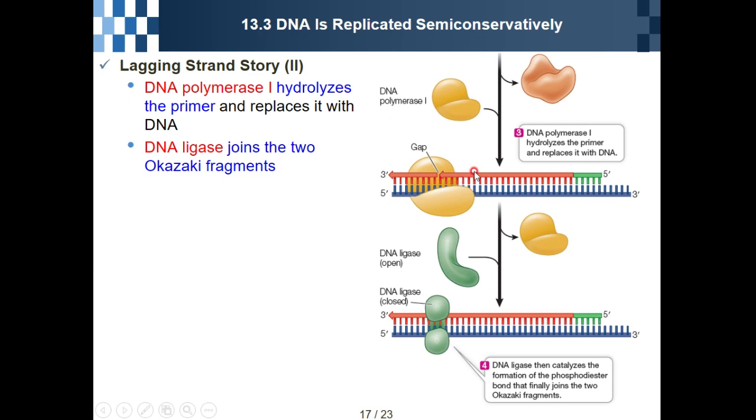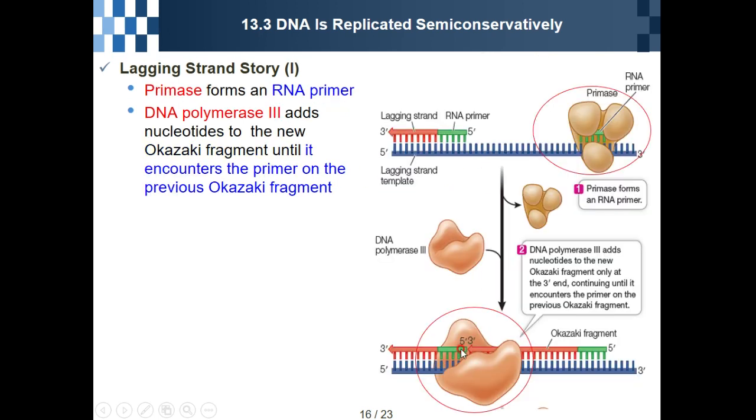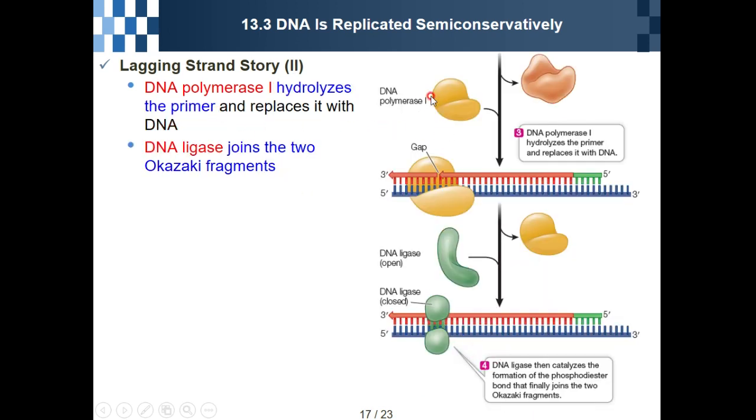After that, initially the RNA primer is here. Now there is another polymerase, we call it DNA polymerase 1. So they remove the RNA primer.